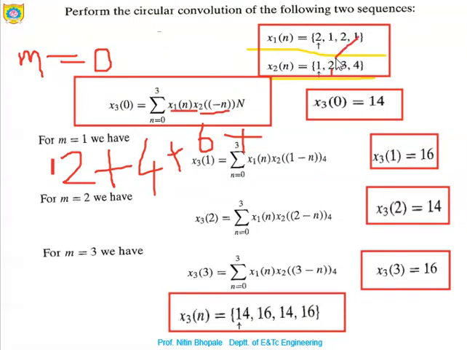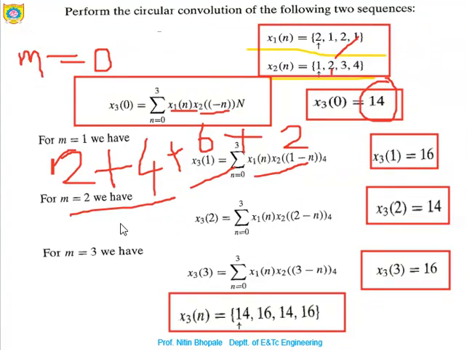So this is 2 into 1, that is 2. Just add it: 2 plus 4 is 6, 6 plus 6 is 12, 12 plus 2 is 14. So this is how we get the result as 14.